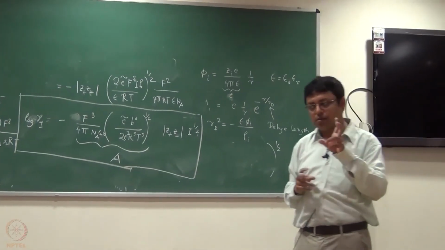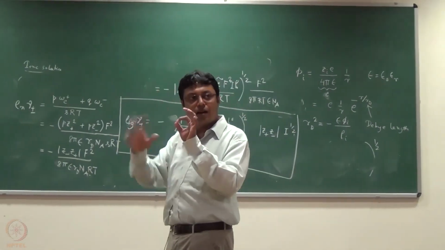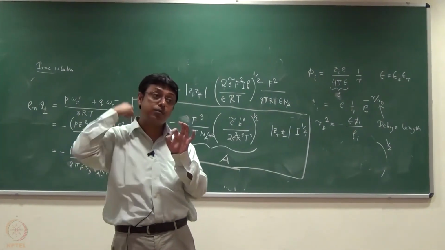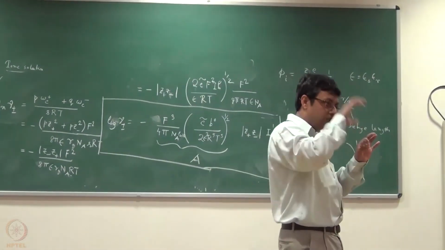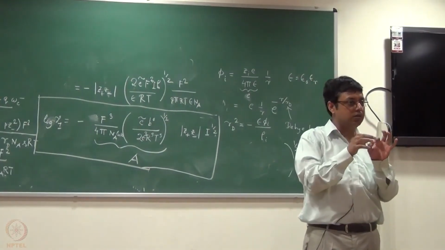Now, there are two things. Moving around is good, because if I consider one ion, other ions are moving so fast, I can think of it as a continuous distribution, then I can actually bring in the concept of density. Okay. So, there is an ionic atmosphere which has some density, and there is an ion sitting here.